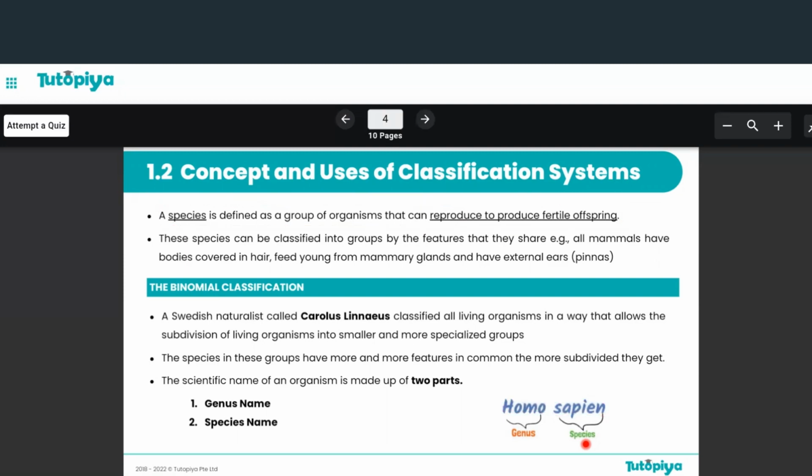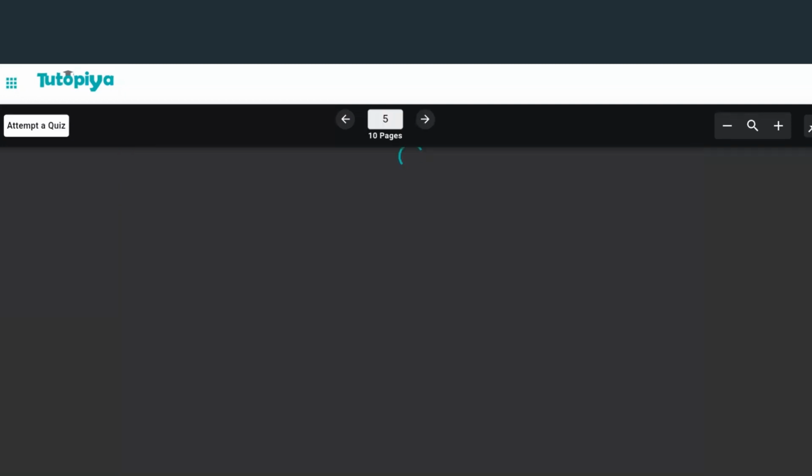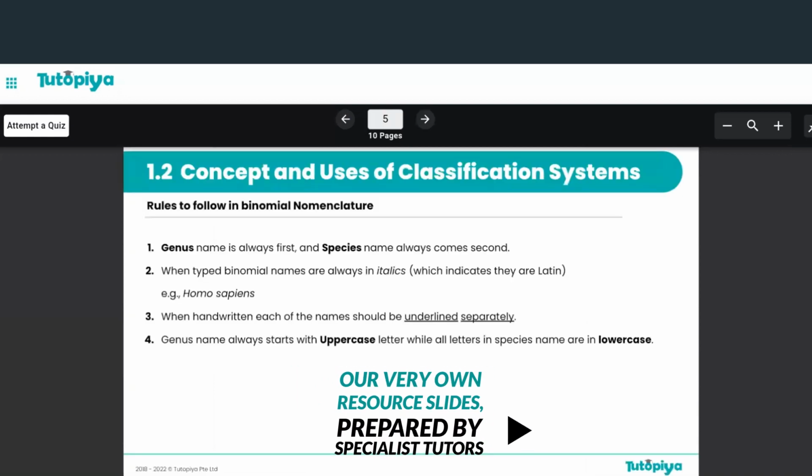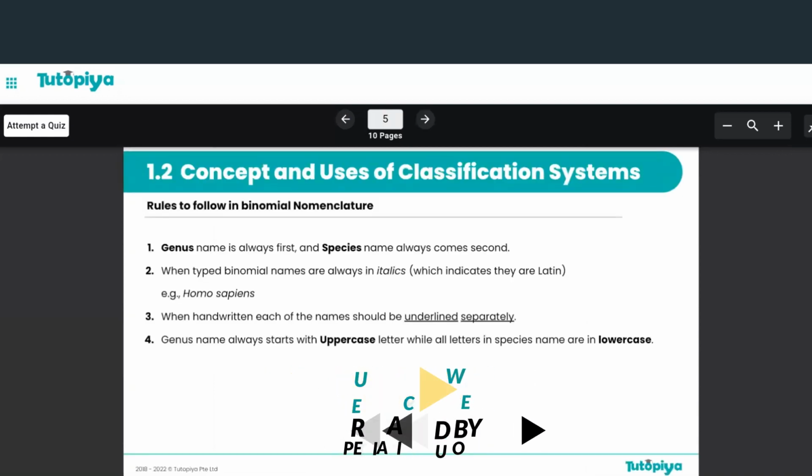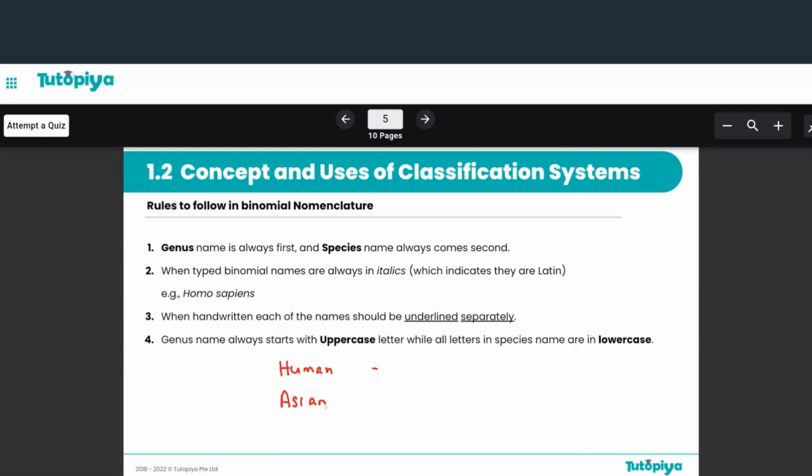So let's take a look at a few more examples of scientific names. This is going to help you all better understand this naming system. So I'm going to give you all 3 scientific names. The scientific name of a human, the scientific name of an animal, the Asian elephant, and the scientific name of a plant species.